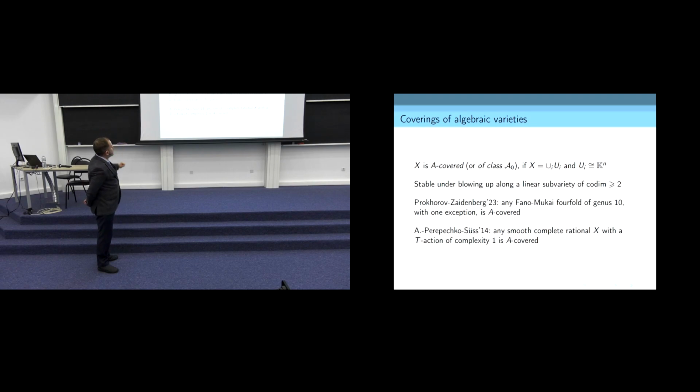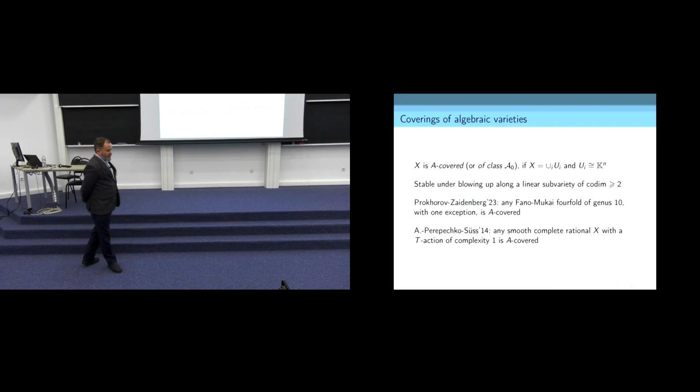This class of varieties is also preserved under blowing up, but this time we should be careful. We should take subvarieties which are linear with respect to these affine spaces which cover our variety. But you can prove that all smooth projective rational surfaces have this property. This is stable under blow up of points.